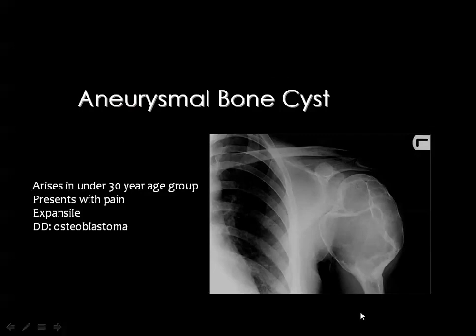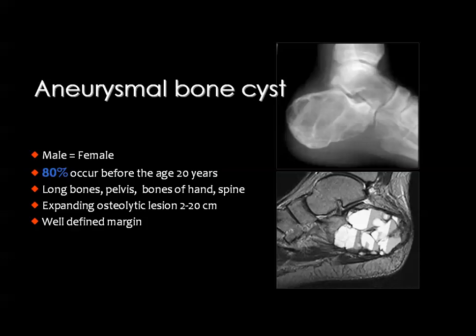Then we come to the aneurysmal bone cyst, which is a benign lesion usually seen under 30 years of age. This is an expanding, multilocular lesion, and one of the most common diagnostic criteria of this tumor is the presence of fluid levels.